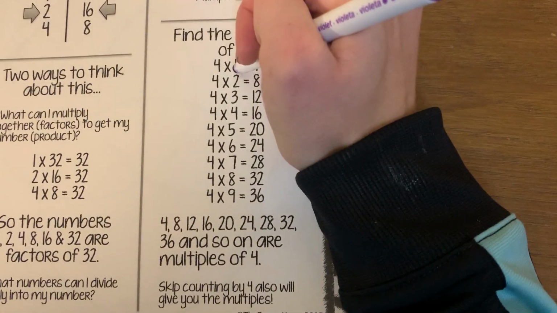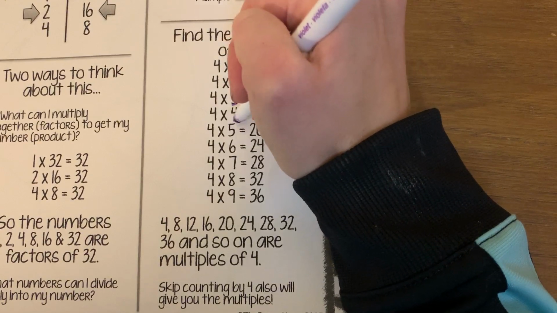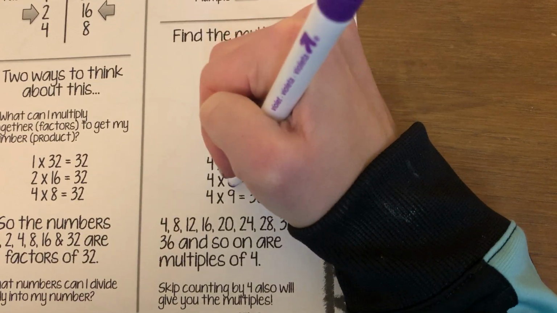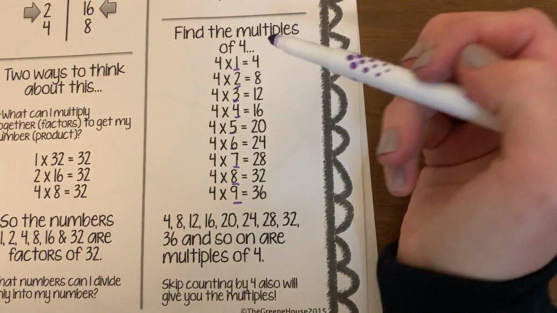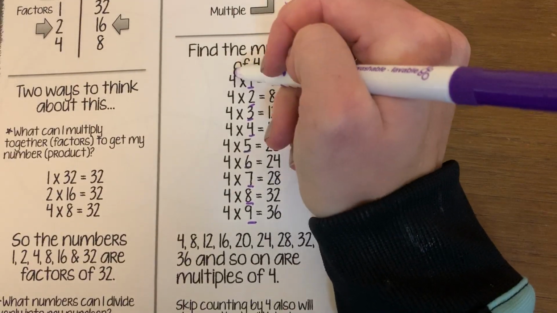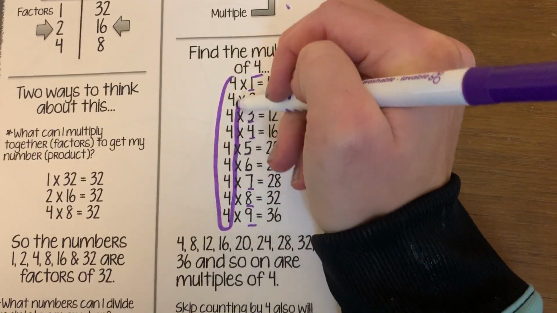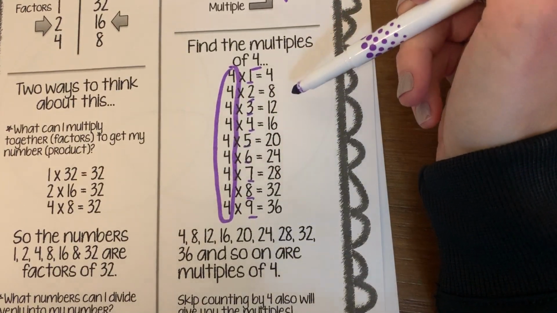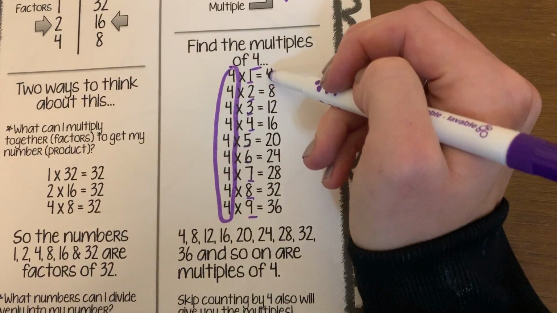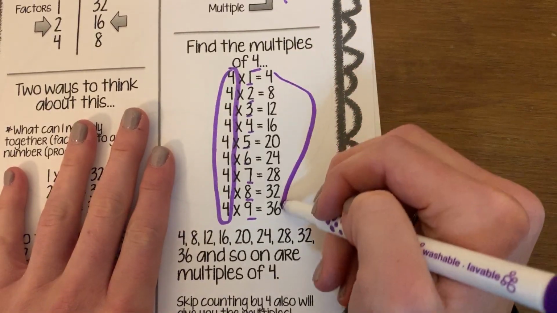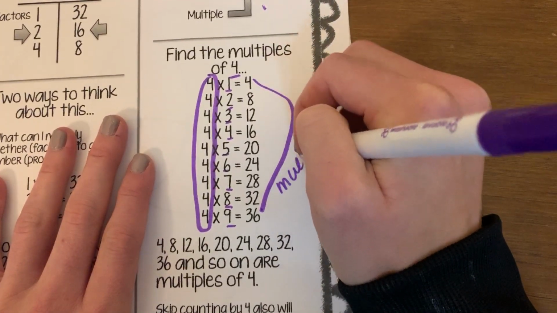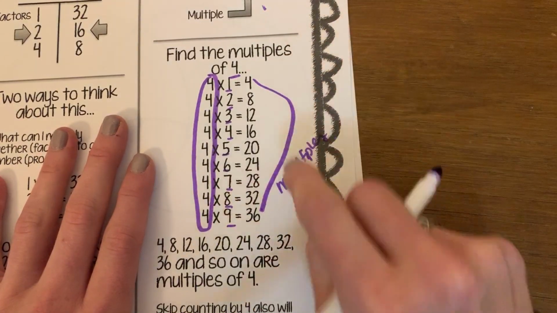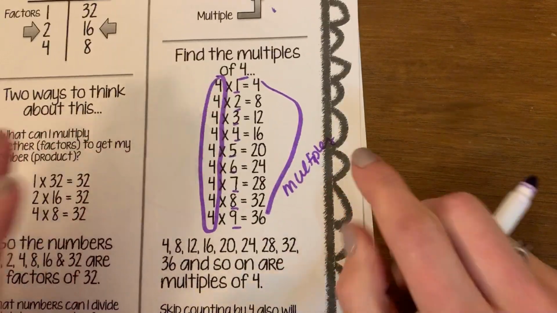So, like I was talking about before, just simply multiplying by each number all the way down. We're finding multiples of 4, so we're going to start with 4, and we're going to multiply by each number all the way down, or all the way up. And all of these numbers are the multiples of that number, okay?